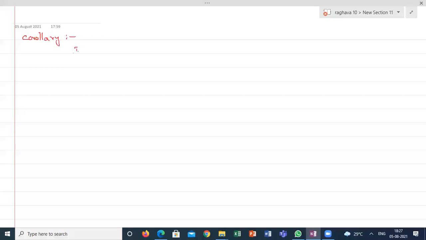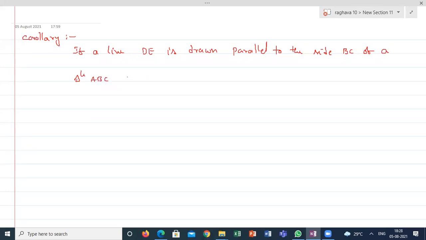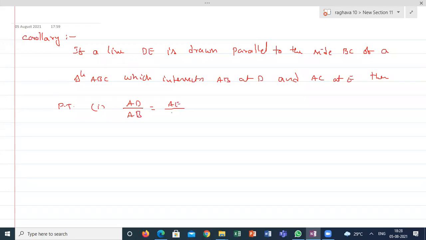If a line DE is drawn parallel to the side BC of a triangle ABC, which intersects AB at D and AC at E, then prove that the first one is AD by AB is equal to AE by AC.